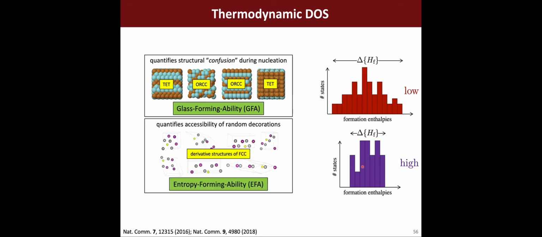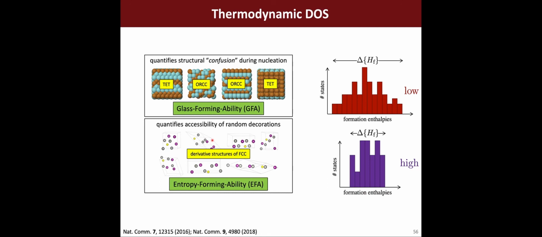We created a very similar, analogous concept in the high entropy field, where we look at the distribution of these POC structures, the energetic distribution of these POC structures, which are all derivative structures of that parent structure, that parent lattice.